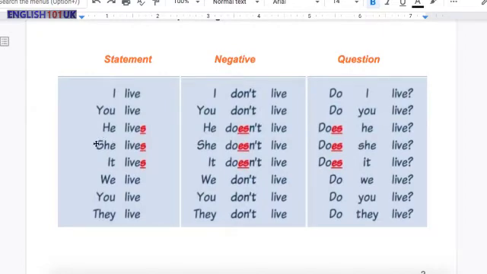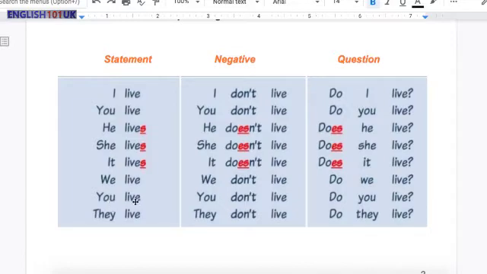So we have this is a statement. For example, we say I live here, or I live there. You live, he lives. So we have s, she lives, it lives. But we don't have s with we live, you live, or they live.